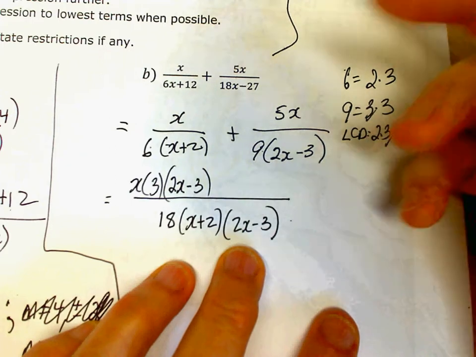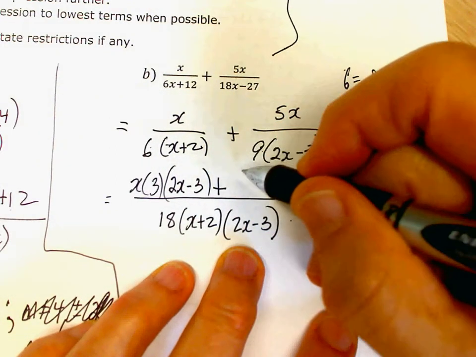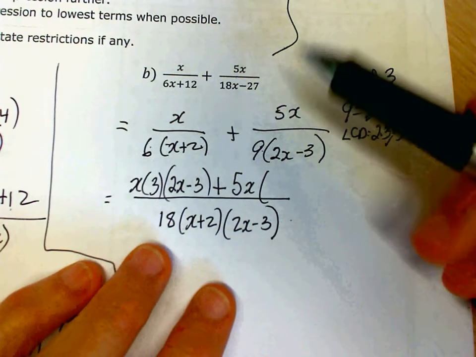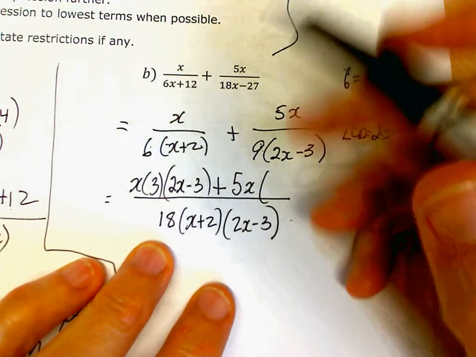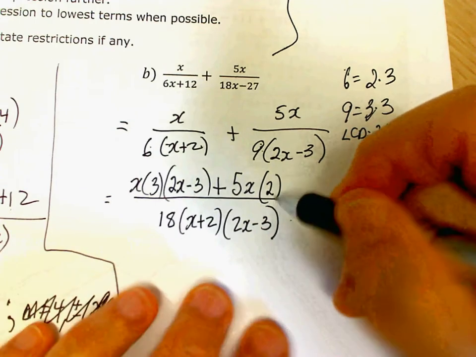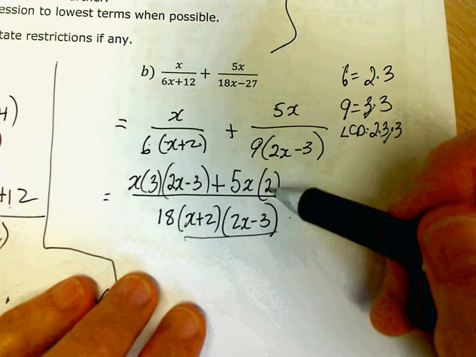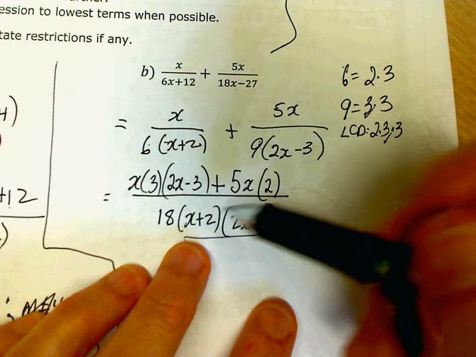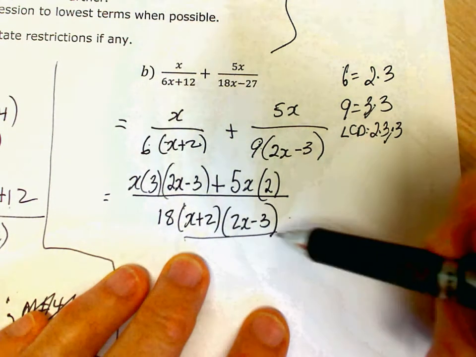Plus 5x times, to get from 9 to 18, we have to multiply by 2. So we got our 18, right? We're okay with that now. To get from 2x minus 3 to x plus 2 times 2x minus 3, we have to multiply by x plus 2.